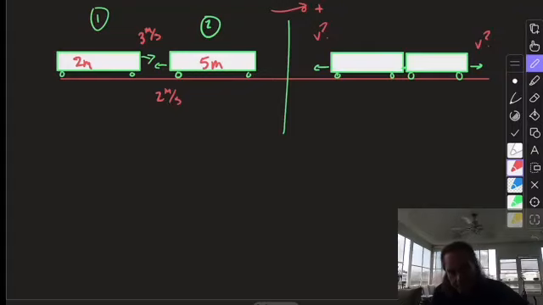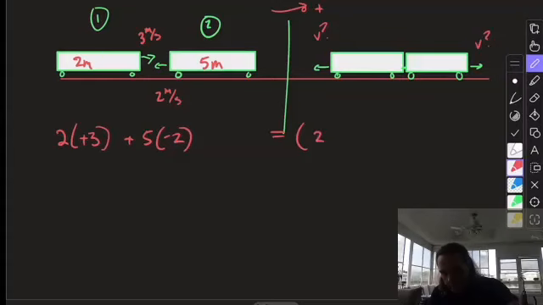So that means, looks to me like 2 times +3, the momentum of the first cart, plus 5 times -2, the momentum of the second cart. That has to equal 2 plus 5 times their final velocity.